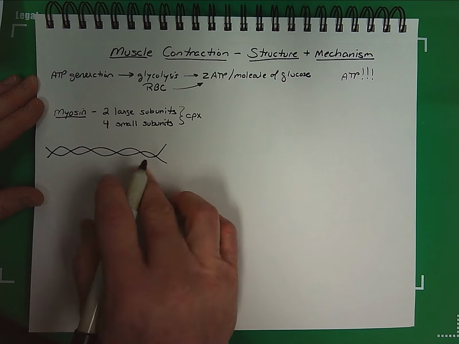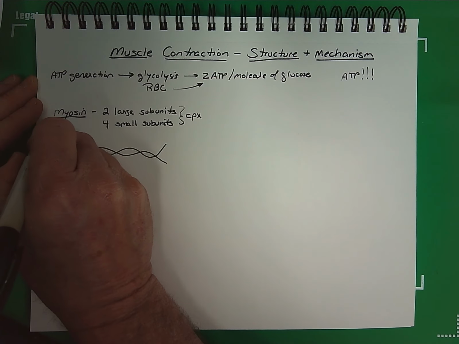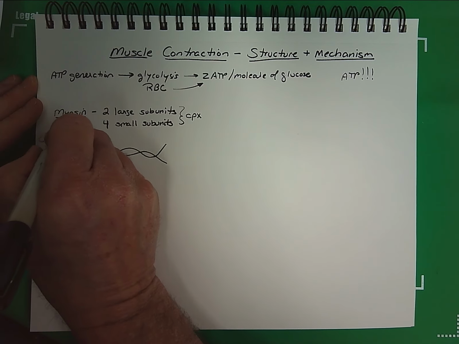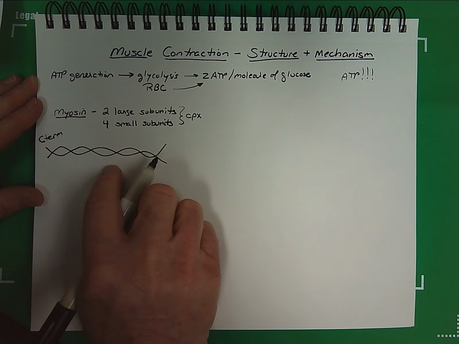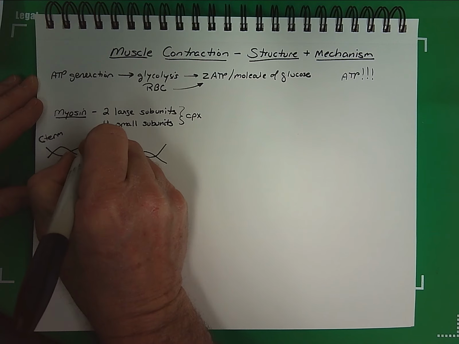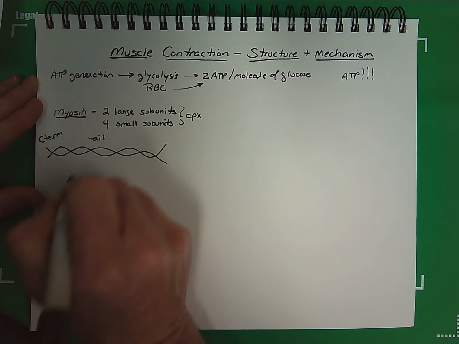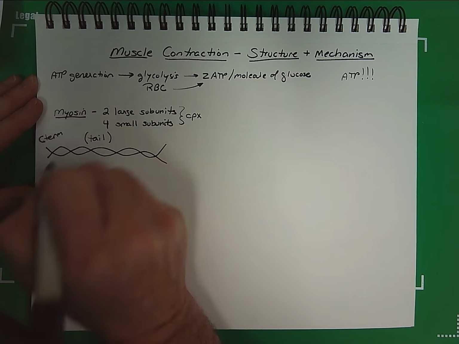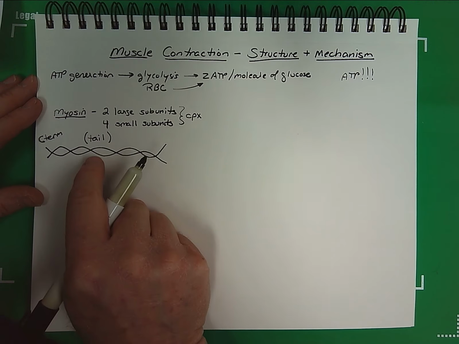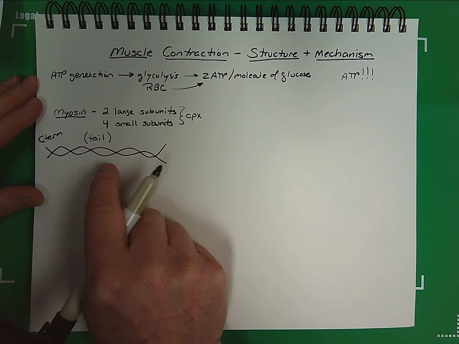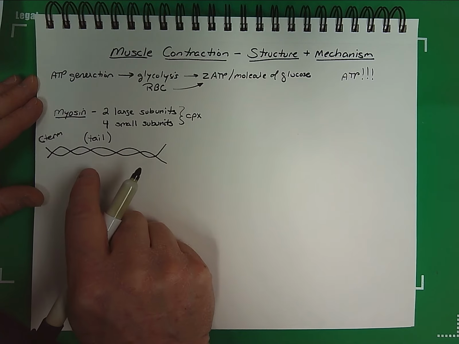So this portion of myosin represents the C-terminal portion of the large polypeptide subunits, and this is called the tail of myosin. The tail of myosin will, as we see in a minute, perform the interactions to form the large myosin structure in muscle.